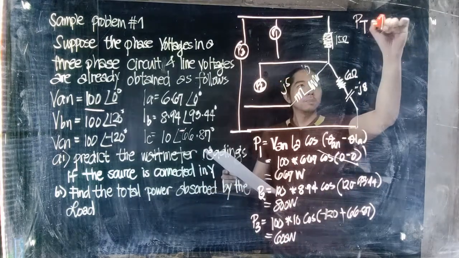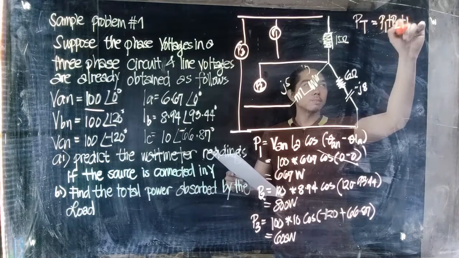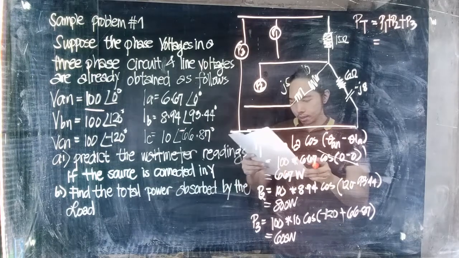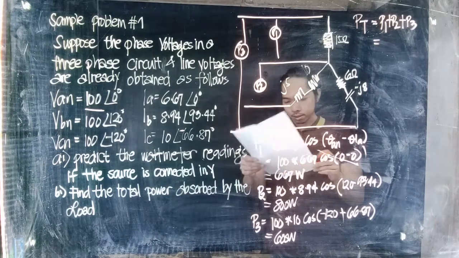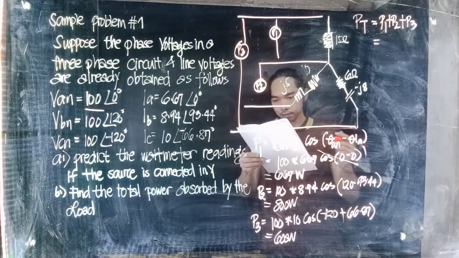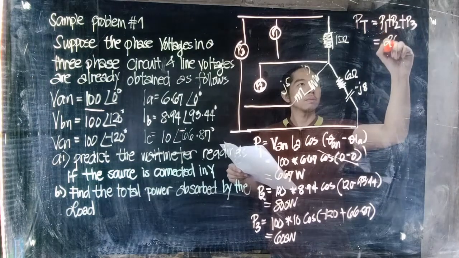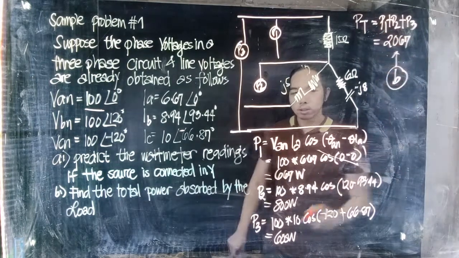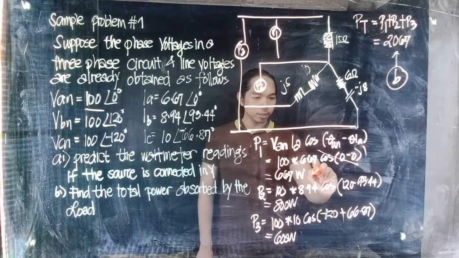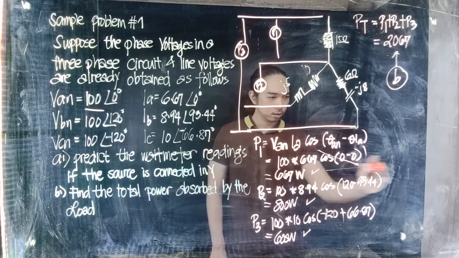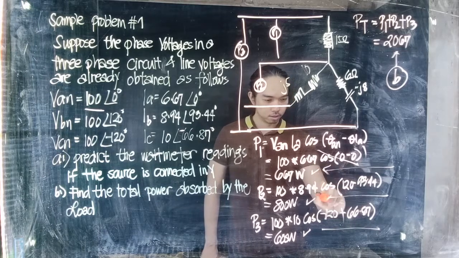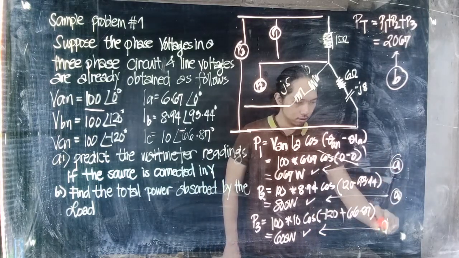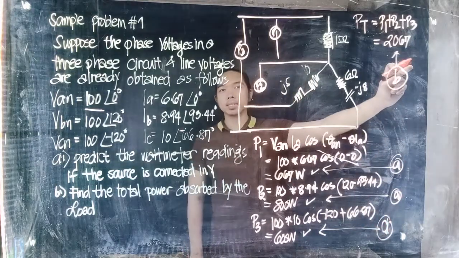So P1 plus P2 plus P3 would be equal to 2067, which is the answer for letter B. So for letter A, these are the answers. For letter B, this is the answer.